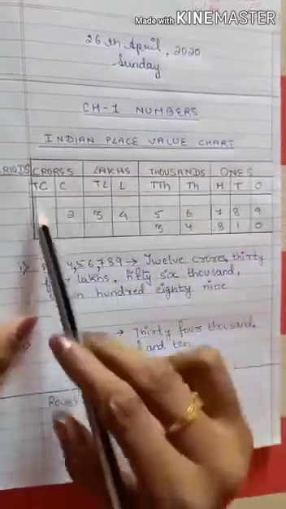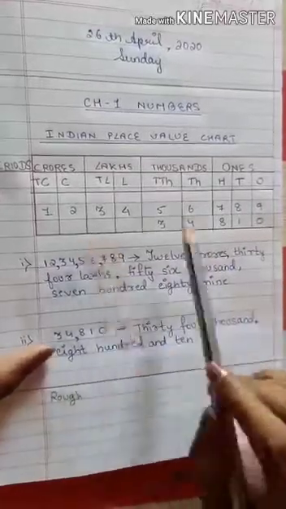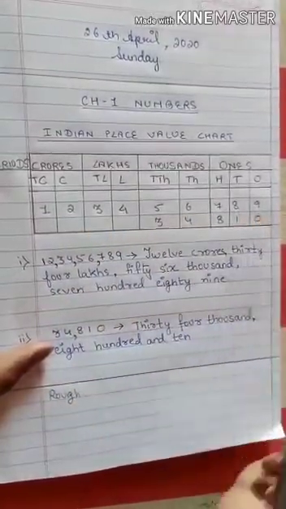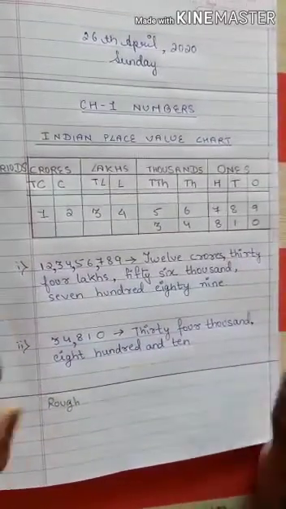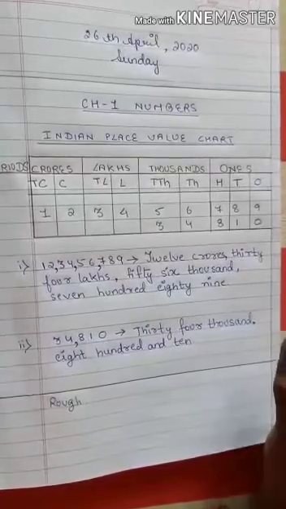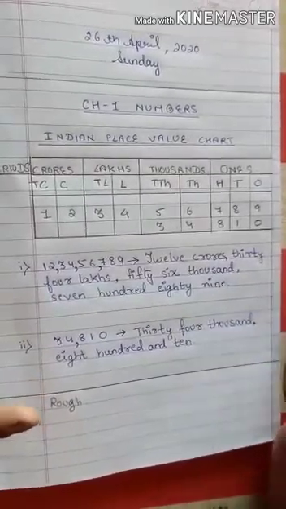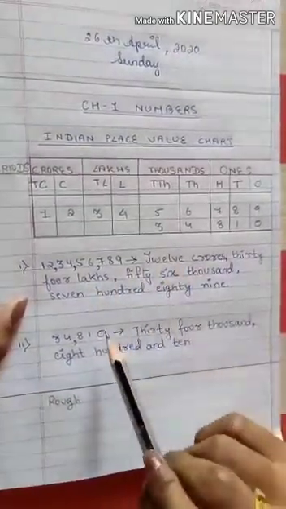Now to explain how we are going to write this in words, I have taken the example first one: 1 2 3 4 5 6 7 8 9. Now children, always keep this in mind that whenever you have to start writing the number names of any number, the very first step is that you have to give commas. So how are you going to give commas?